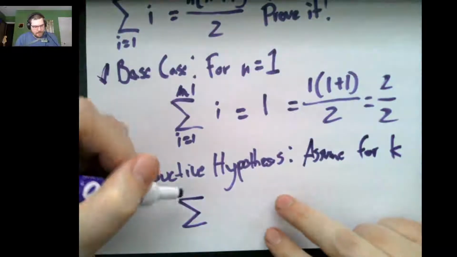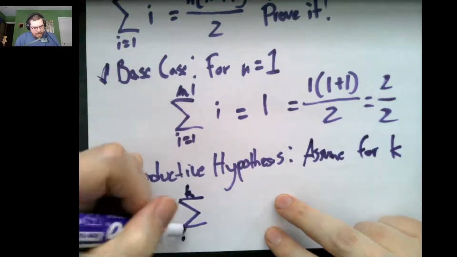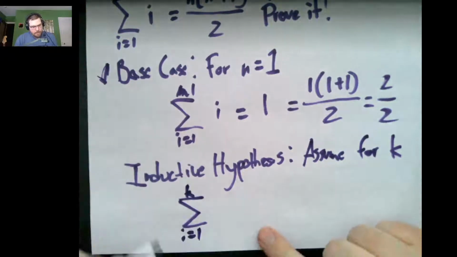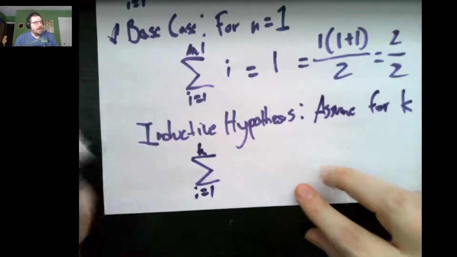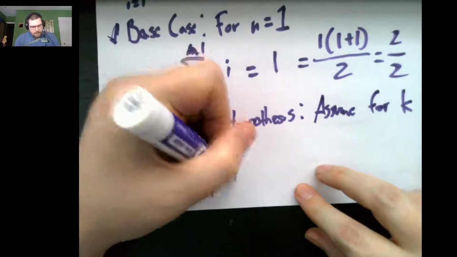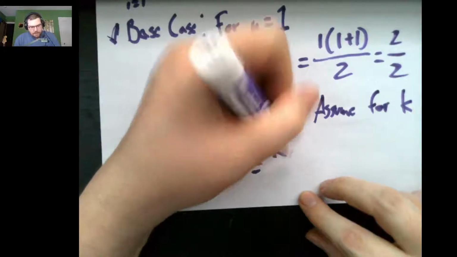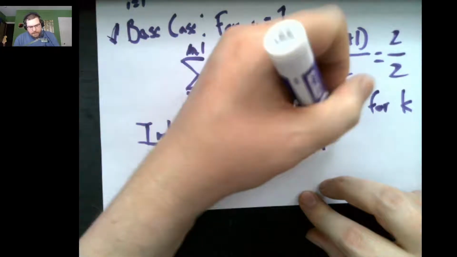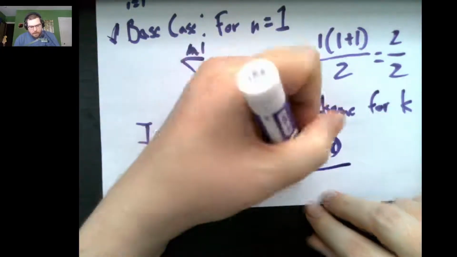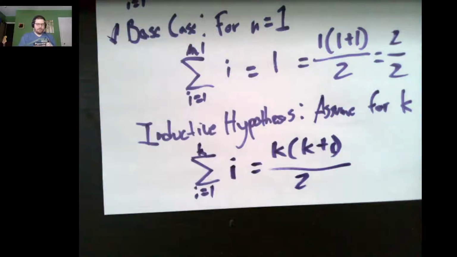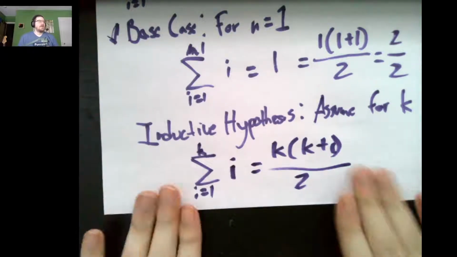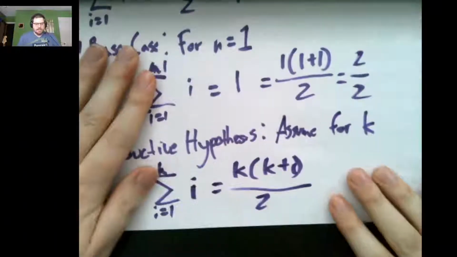I don't know why it's always k, but we're going to say the sum of i from 1 to k of i is going to be equal to k times k plus 1 over 2. Okay, this is the hypothesis. So this is just an assumption.